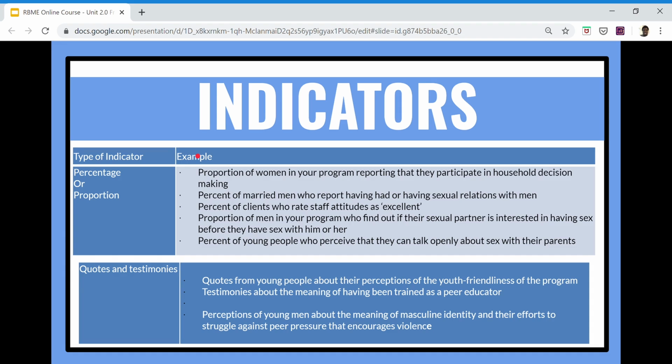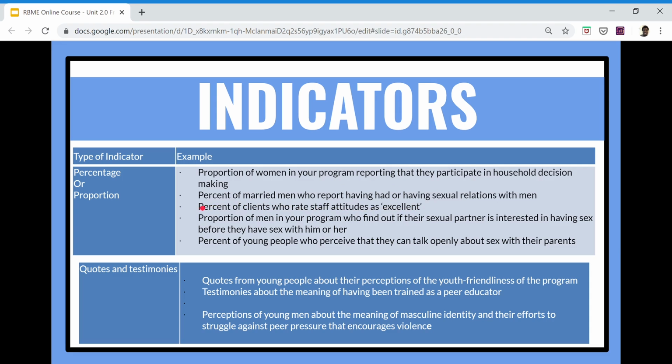For instance, percent of married men who report having sexual relations with men, or percent of clients who rate staff attitude as excellent.